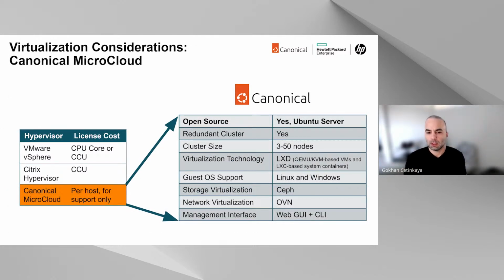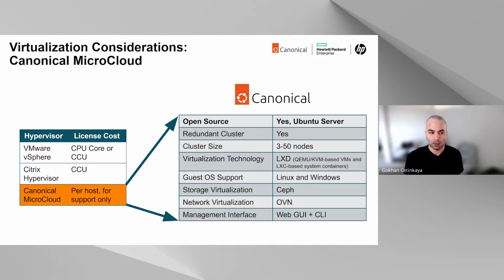MicroCloud is a lightweight private cloud solution that is designed to simplify the deployment and management of virtual machines and system containers. It can be deployed on a single server, and it can scale up to 50 servers. So it's adaptable to different environments.